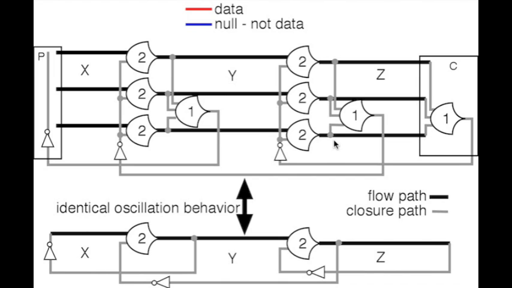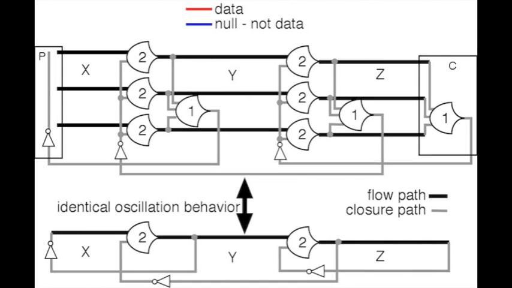So now the oscillations are oscillating not just between red and blue, but between data completeness and null completeness. So now that the oscillations are oscillating in terms of data completeness and null completeness, they have to be linked in terms of data completeness and null completeness.